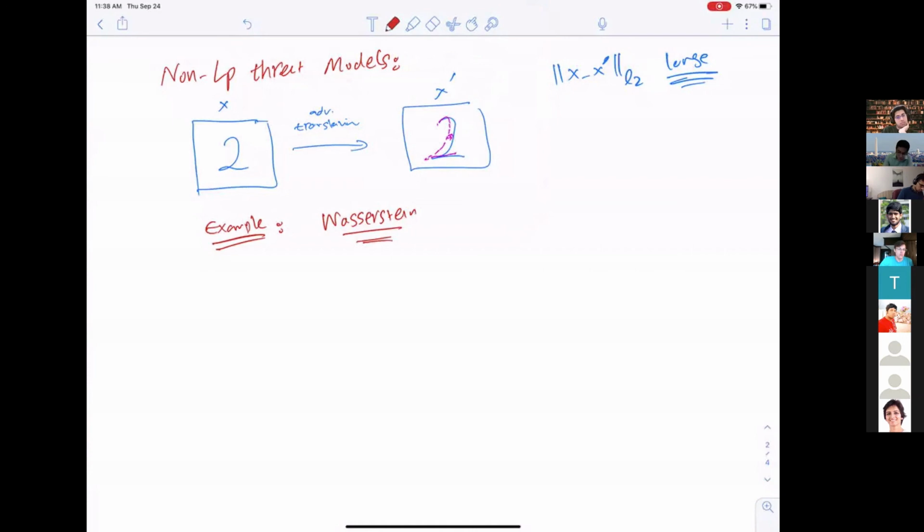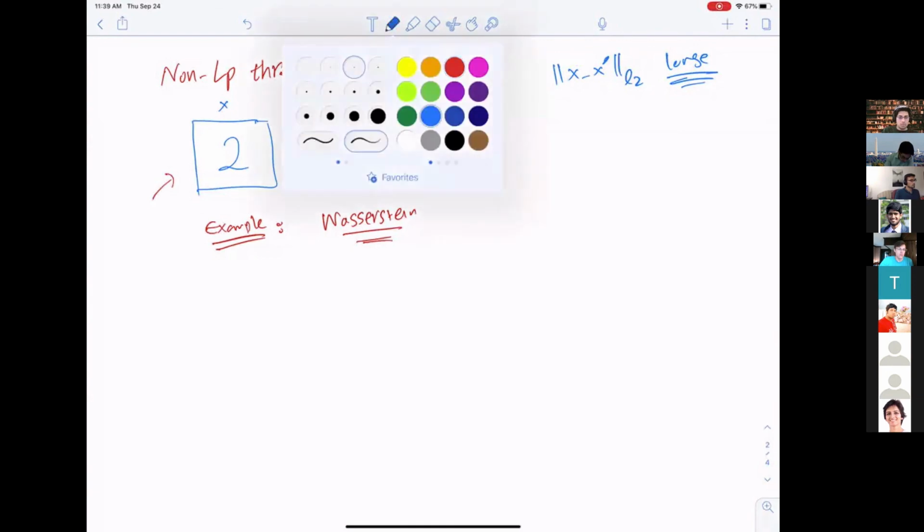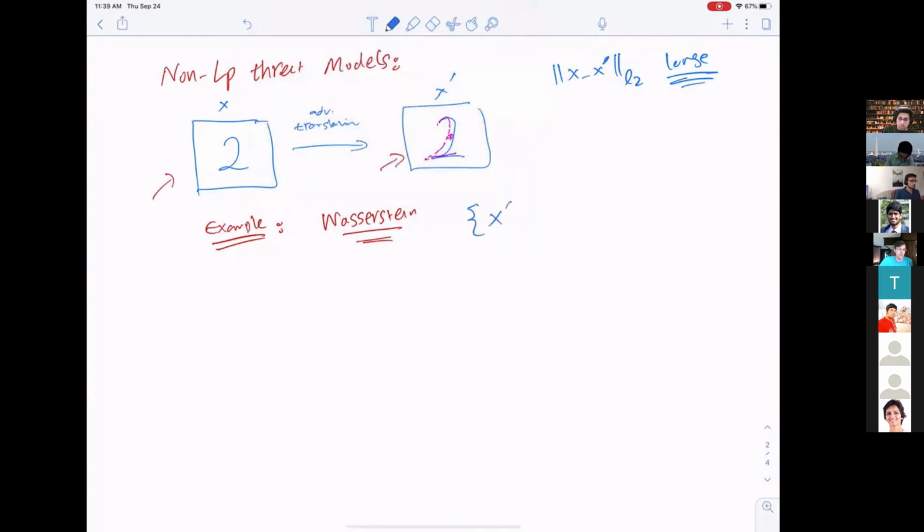And here, if you normalize your images to represent distributions, then in the example that we just mentioned, because the translation is very small, it's going to cost a really small amount. And therefore, the Wasserstein distance between the normalized X and X prime is going to be a small number. So that threat model can be defined as all X primes such that the Wasserstein distance between X and X prime is less than epsilon.